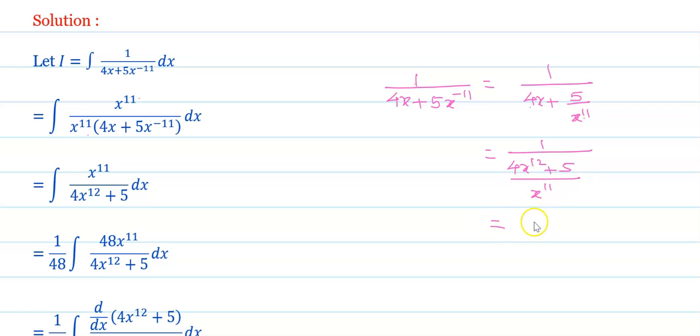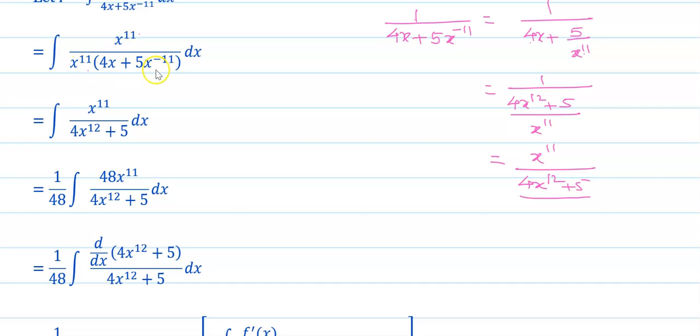If you simplify this then you will get x raised to 11 upon 4 x raised to 12 plus 5, and this is very easy. It is x raised to 12 here, and this is x raised to 11. Means what? If we substitute 4 x raised to 12 plus 5 as t, then its derivative will be x raised to 11. See this here. Now next.